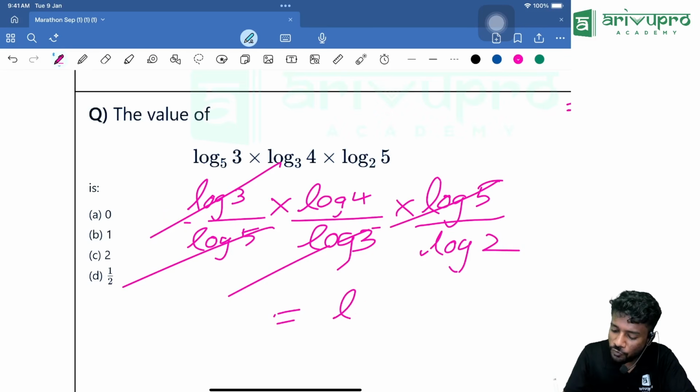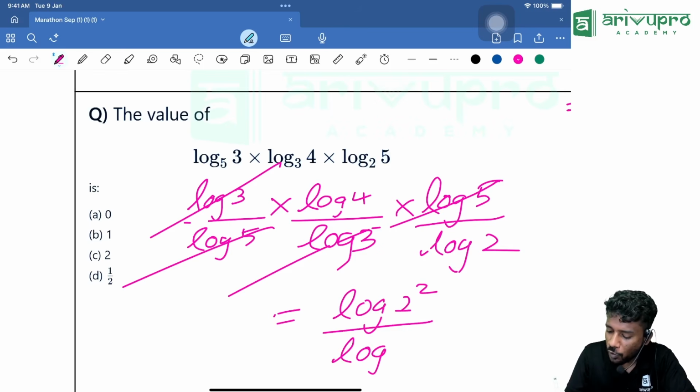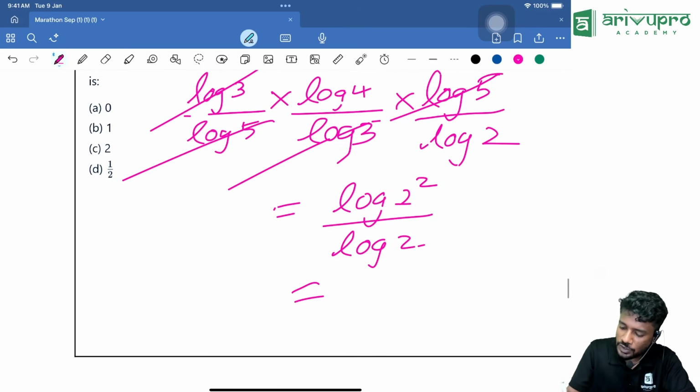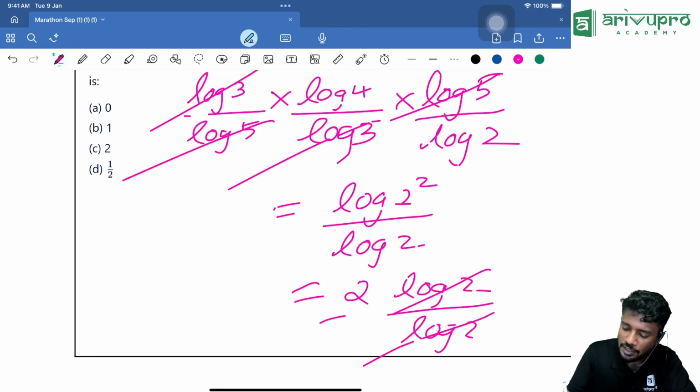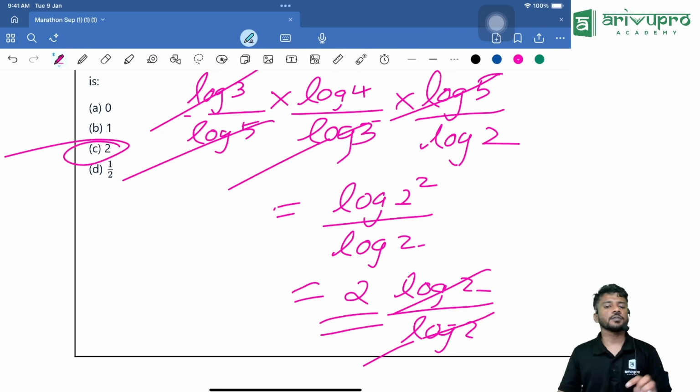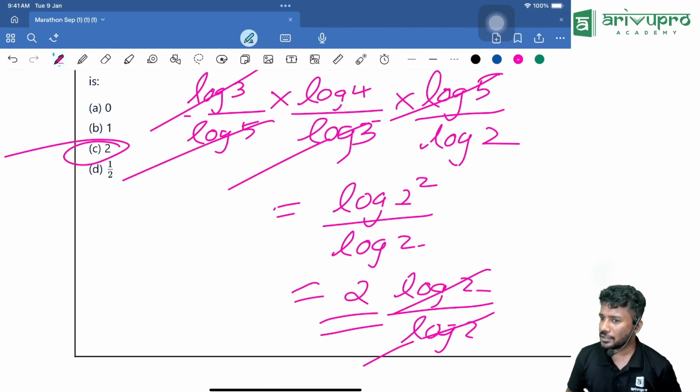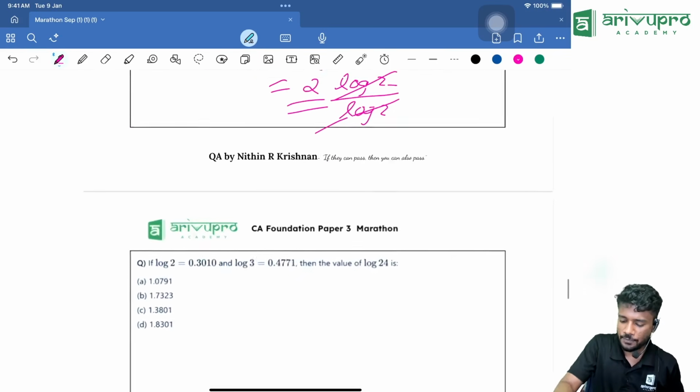Can I write log 4 as log 2 square divided by log 2? Is that correct? So this can be written as 2 into log 2 divided by log 2. This cancels. What is remaining? 2 is remaining. So what is our rule in logarithm? If the bases are not the same, split the base. You will get the answer. Yes. Next one.